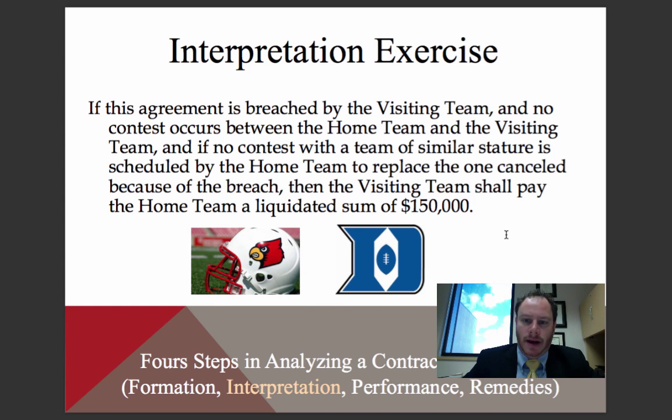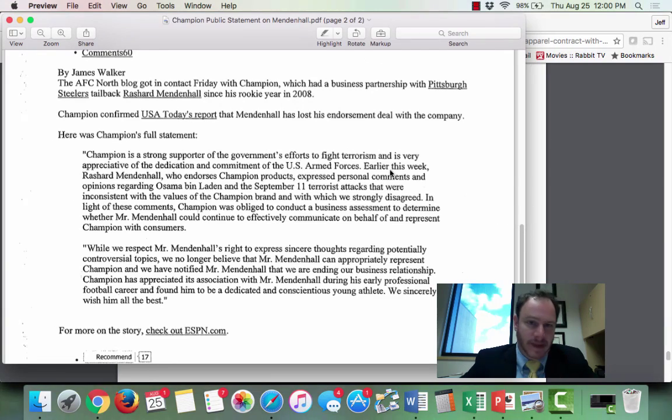And Duke actually said that Jacksonville State was a team of similar stature, and so there was a disagreement in terms of what the phrase "similar stature" meant, and that was ambiguous. So new evidence was able to be introduced.